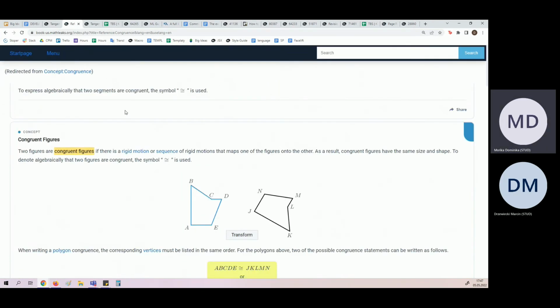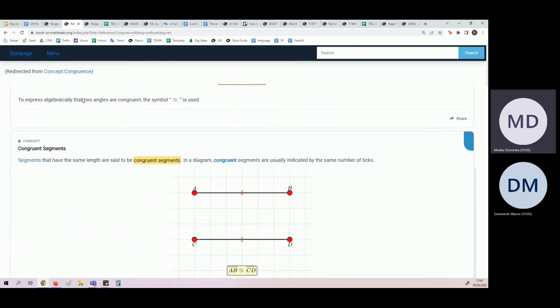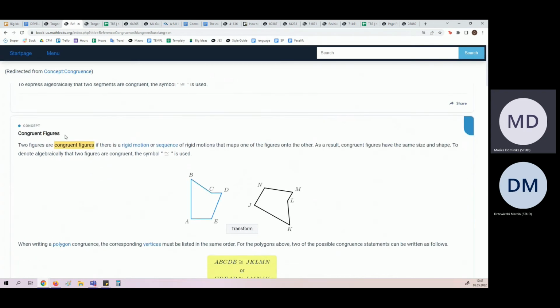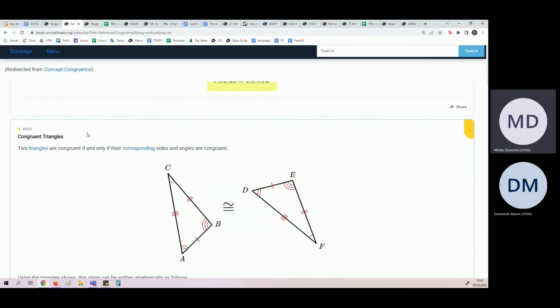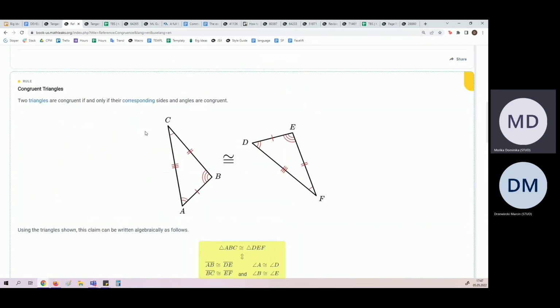Okay, so it was added, this congruence, and actually there are a lot of things like congruent segments, congruent figures, congruent triangles, congruent polygons. So someone didn't check this page and added separate links for congruent and separate links for triangle.